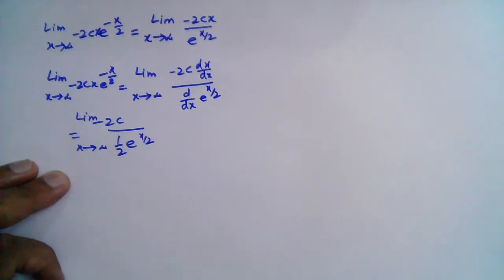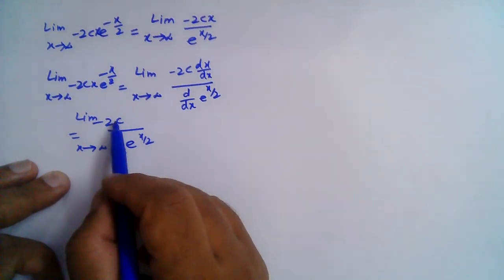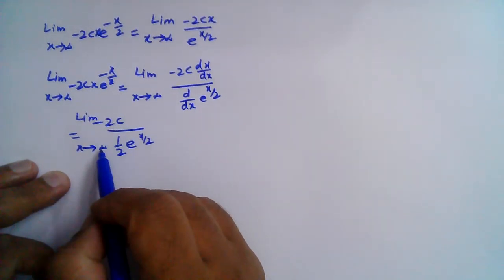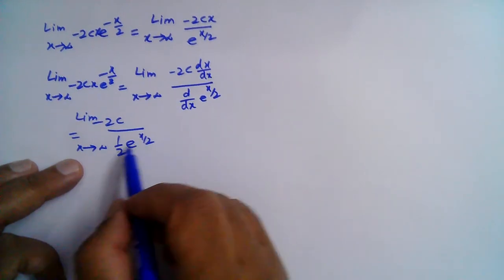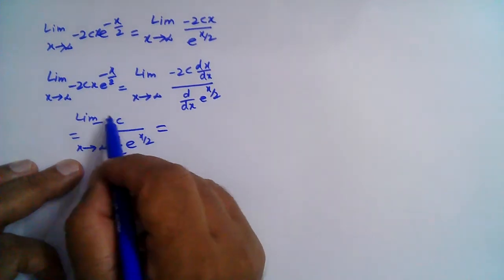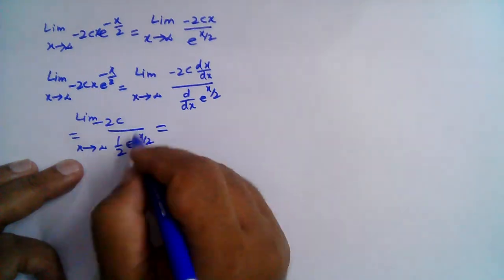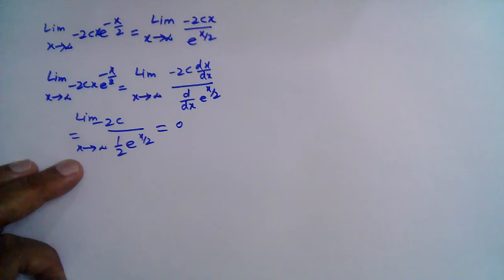So this is now a constant, right? This is not affected when x tends to infinity, but in the denominator, when x approaches infinity, this term is infinite. As a result, this whole fraction comes out to be zero when x tends to infinity.